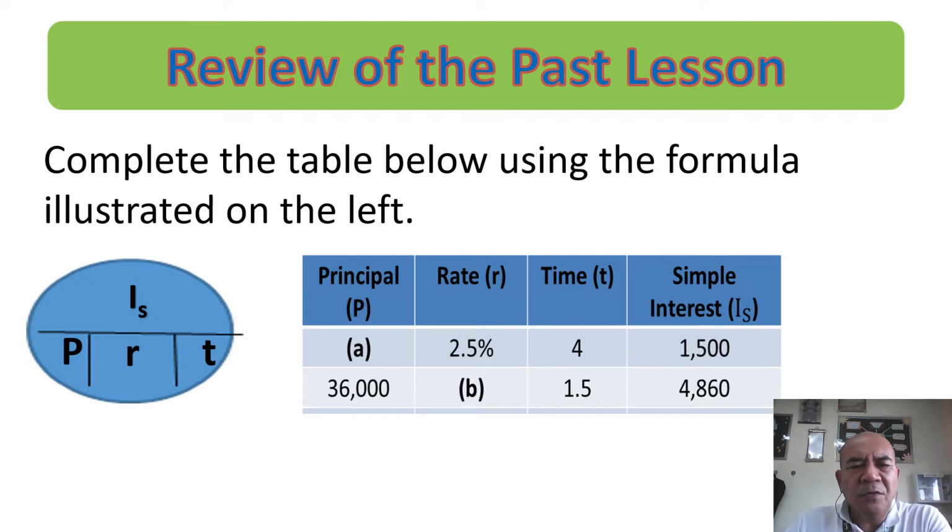Because you are looking for the principal, you divide the interest by the rate times the time. Your answer, therefore, is 15,000 pesos, by dividing 1,500, which is the simple interest, by the product of the rate, 2.5%, and the time.